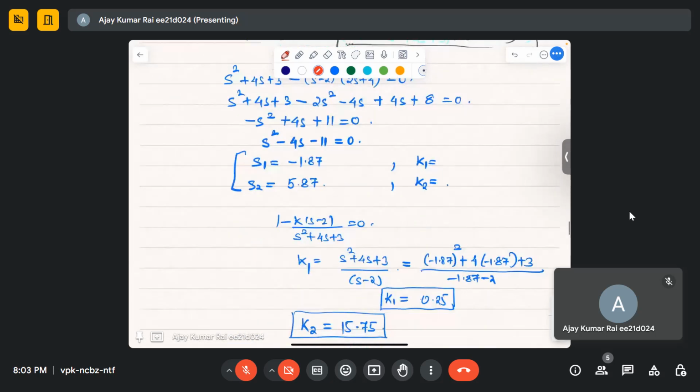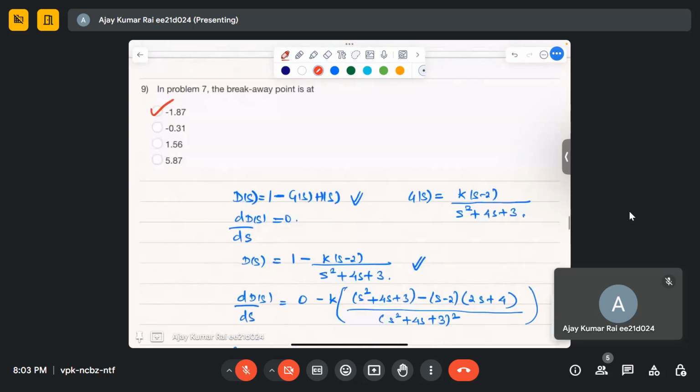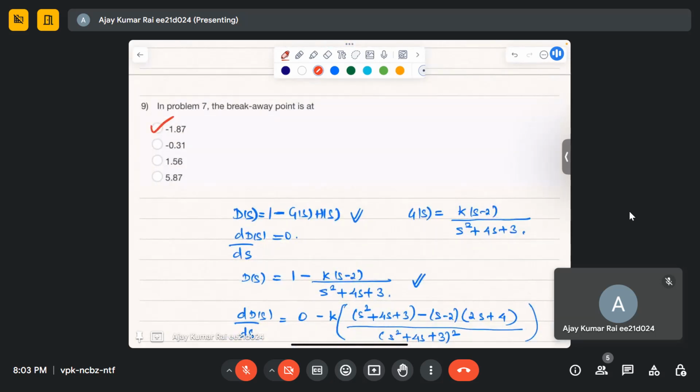So here we are given Gs, and the other information we have is that it's a positive feedback with k greater than 0. The process for finding the breakaway or breaking point remains the same.